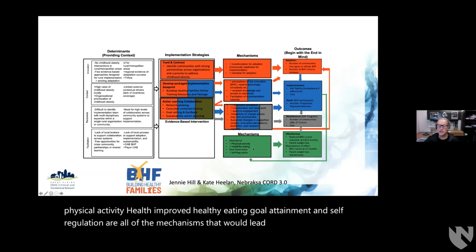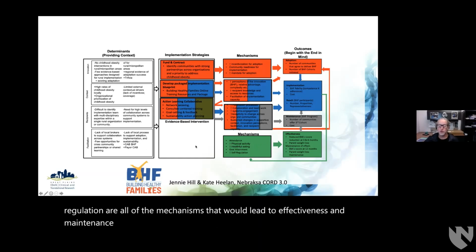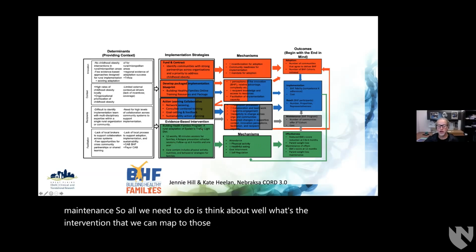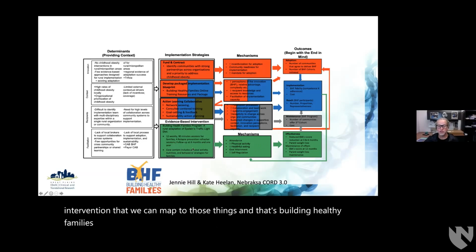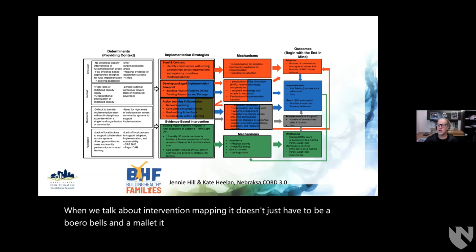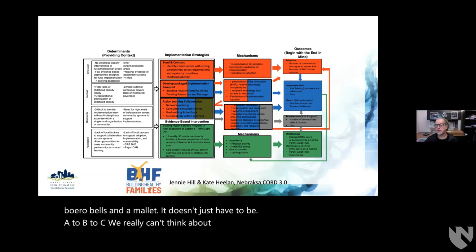effectiveness and maintenance. So all we need to do is think about, well, what's the intervention that we can map to those things, and that's building healthy families. And you can see a little bit of the description here. So when we talk about intervention mapping, it doesn't just have to be A to B to C. We really can think about these complex interventions that have multi-leveled outcomes.